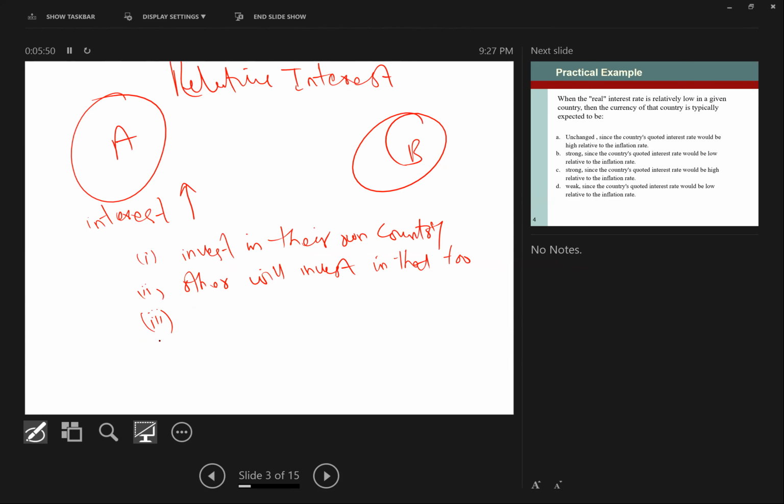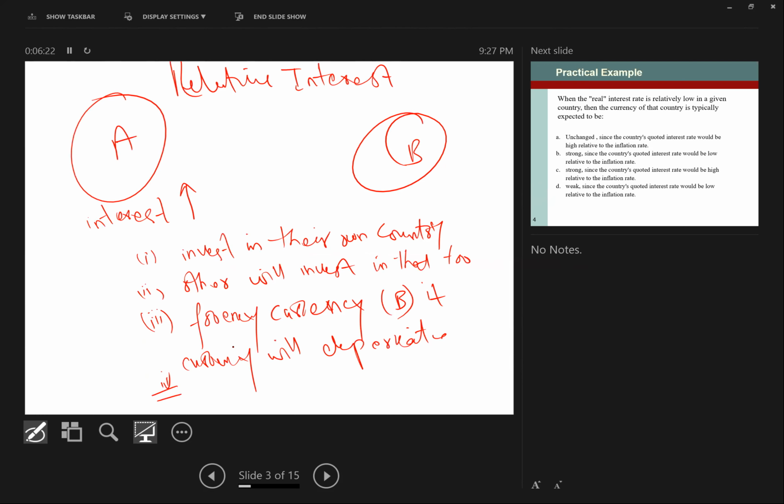Which currency's exchange rate is lower? B. Very nice. The exchange rate of country B will be lower. You can say that the foreign currency, in this case country B's currency, will appreciate, and currency A will depreciate.